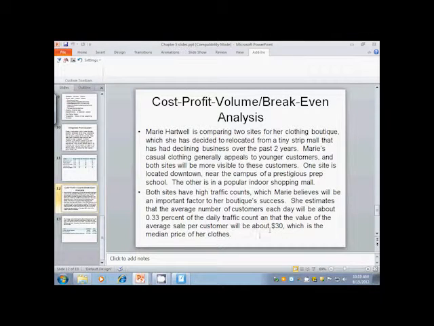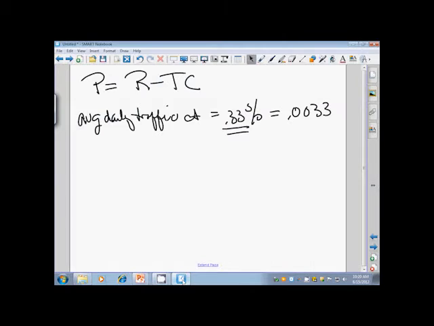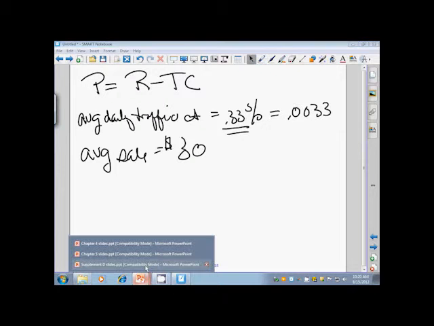The value of the average sale per customer is about $30, which is the median price of her clothes. So we have an average sale, which is $30. Her median price of clothes.